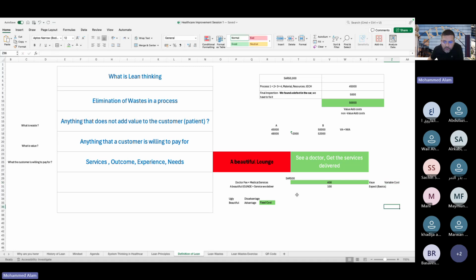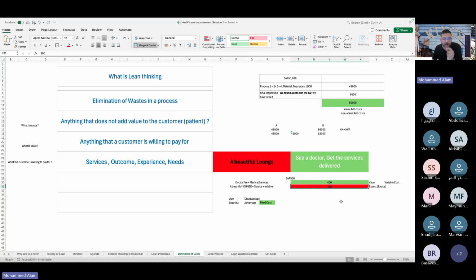So what you can control in this case, you still need to charge 500 and you still need to remain competitive. Of course, you would not tell a patient that this 500 real is doctor fee plus medical services plus the cost for a beautiful lounge plus the coffee and all that, because as a patient, he would not want to pay for this 100, not at all. Try telling this even to a VIP patient.